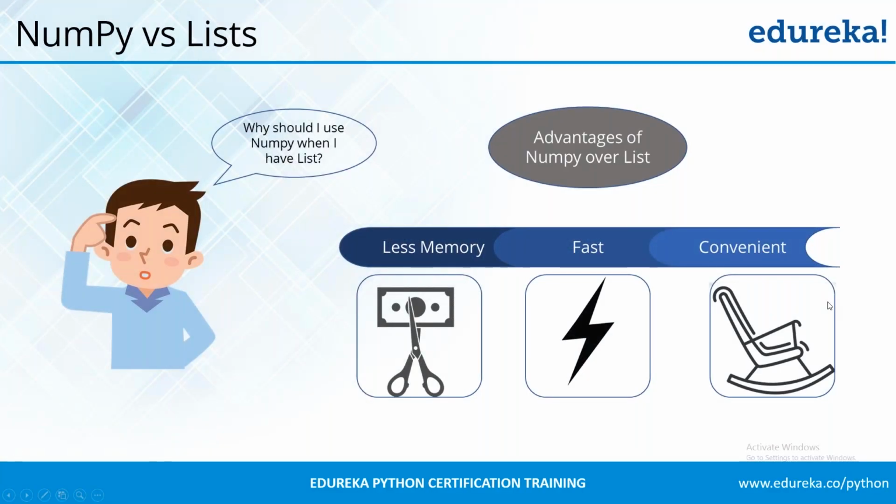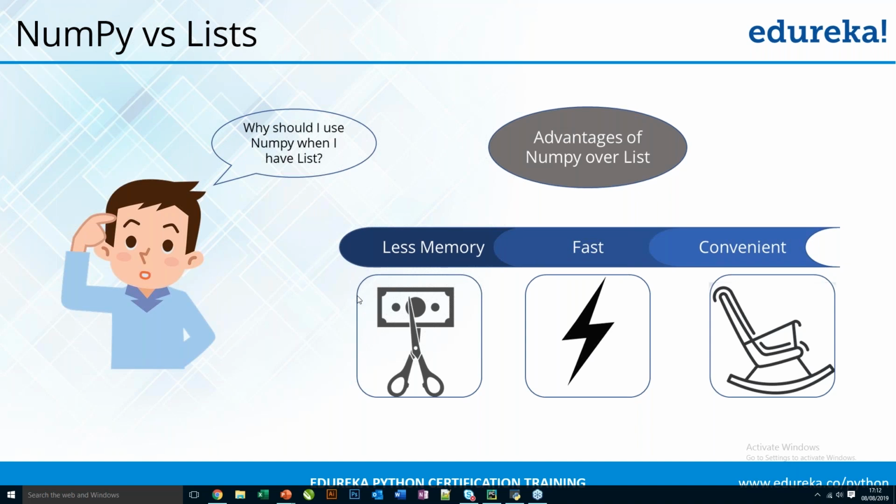Now we can compare NumPy with a list, because we also have the list option available. As we know, NumPy uses less memory.